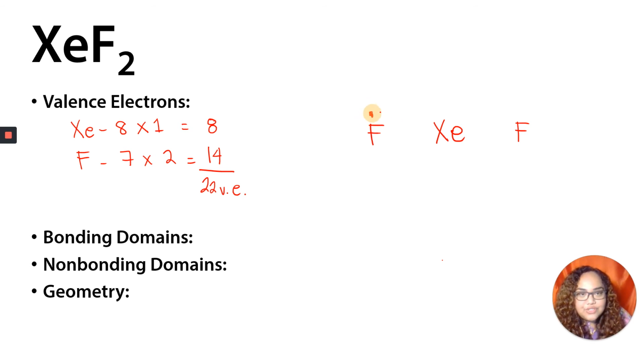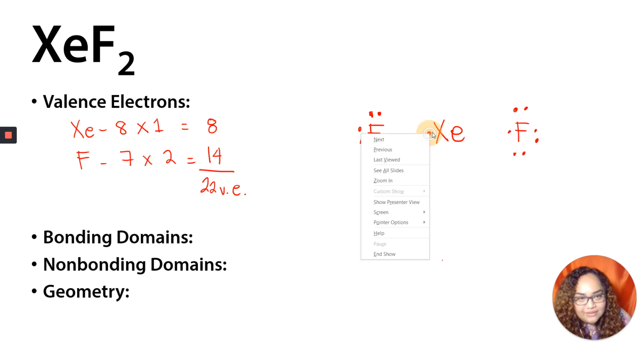So to make things quite obvious, fluorine only needs 1, correct? So it only needs 1 more. So we're going to situate a dot here and a dot here. So that's already 2. And then you'll need 6 more.